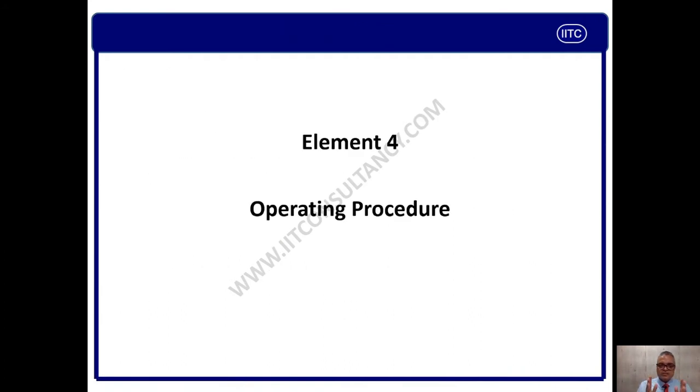An operating procedure is nothing but a systematic step-by-step statement which will tell you how to start and how to maintain the system, process and equipment, and this is done with the help of JSA. We have to do the job safety analysis, and based on the JSA outcome, you derive the step by step, sequence by sequence procedure.